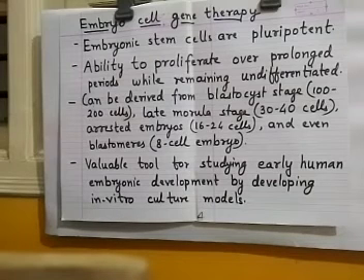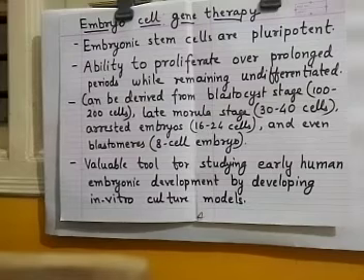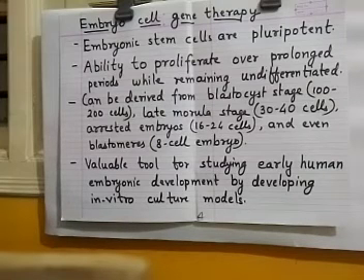Here arrested embryos means those embryos whose development has been stopped for some reason, but the cells are not yet dead and they retain the capacity of differentiation. So we can use those cells as embryo cell gene therapy. These cells can also be taken from even blastomeres, which are 8 cell embryo stages.